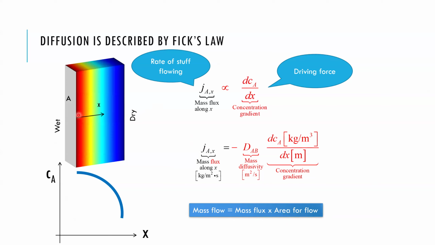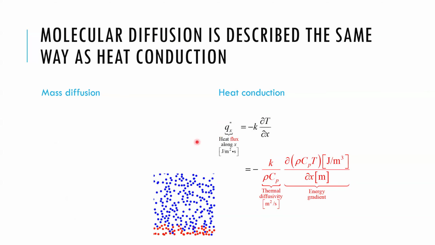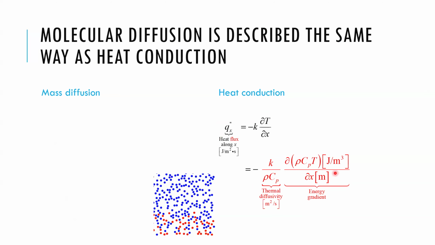In this case, if the mass is moving in this direction, the area over which the mass is moving is A. Unfortunately it's the same symbol, but mass flow is going to be mass flux, here J_Ax, multiplied by this area A.